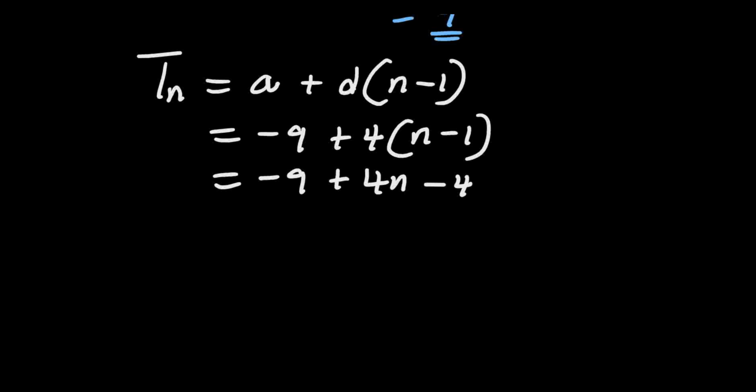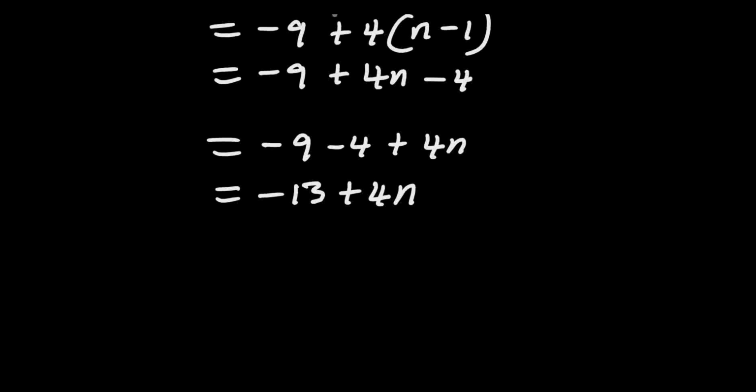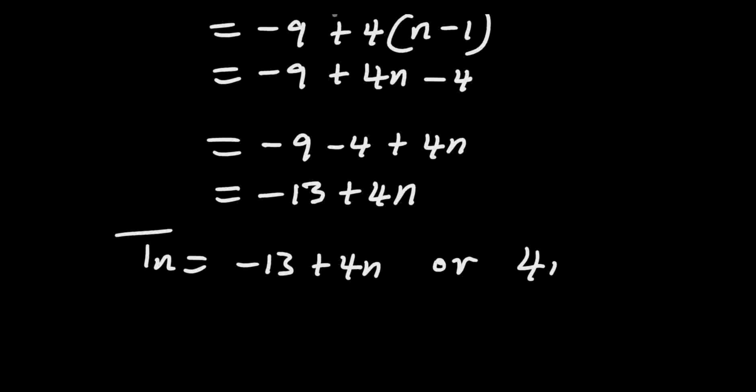So now let's combine like terms at this point. This will be equal to negative 9 minus 4 plus 4n. Negative 9 minus 4 is negative 13. So negative 13 plus 4n. Therefore, the general rule Tn is equal to negative 13 plus 4n, or 4n minus 13.